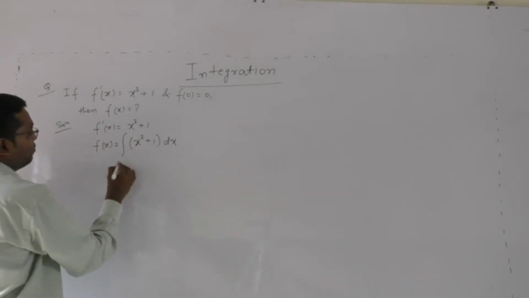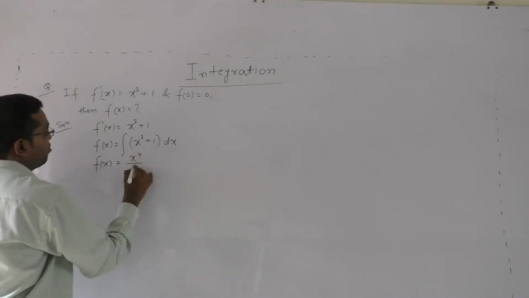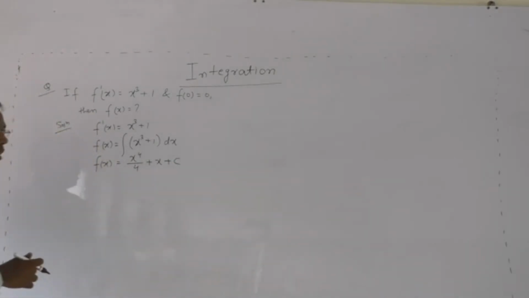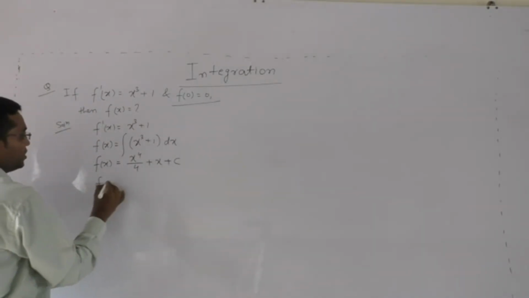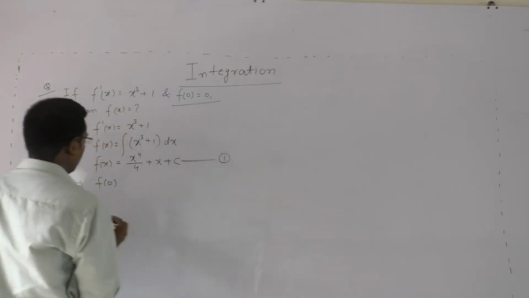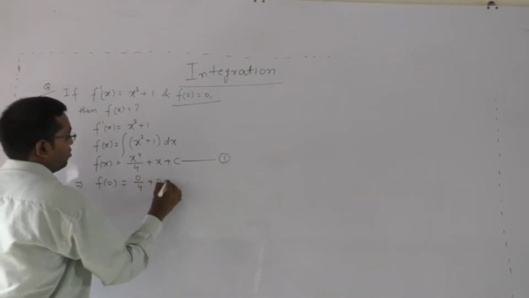Now if we integrate, we will get f(x) equals x raised to 4 by 4 plus x plus an integral constant c. Let this be equation 1. Now here one relation is given, f of 0 equals 0. So we put x equals 0 on both sides: 0 to the power 4 by 4 plus 0 plus c.